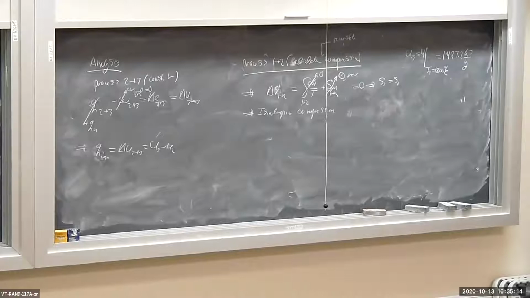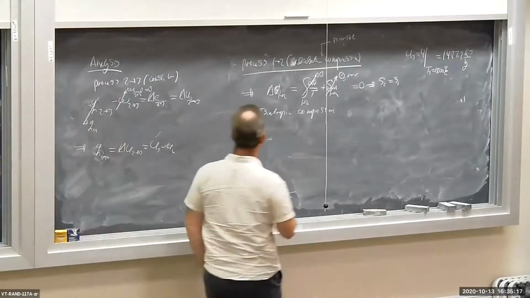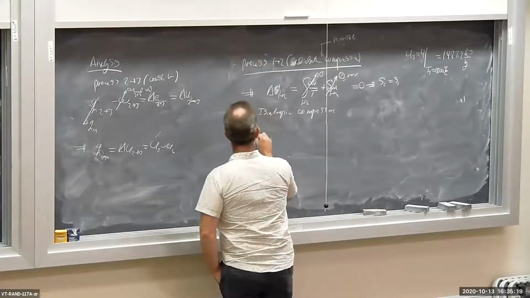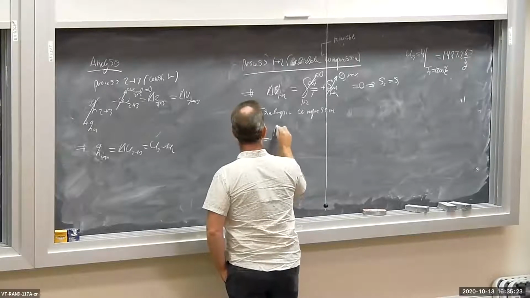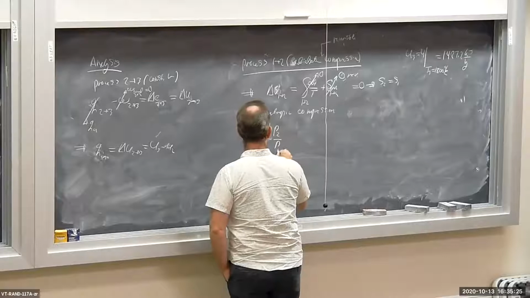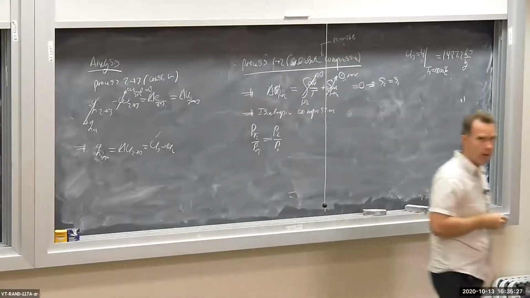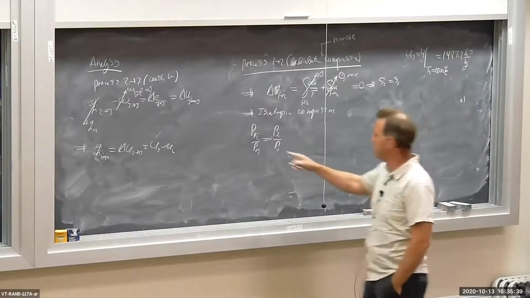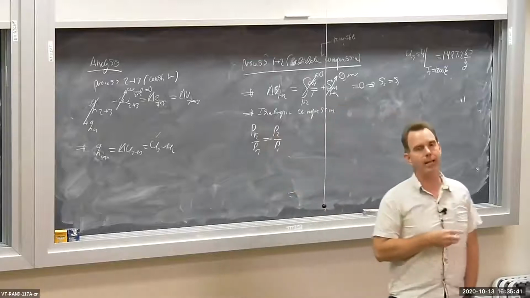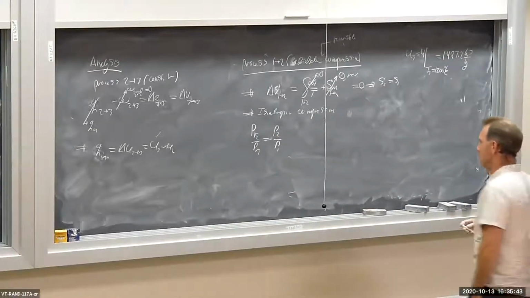So I can write the following: PR2 over PR1 is equal to P2 over P1. For an isentropic process, the ratio of reduced pressures is equal to the ratio of pressures. If I can find PR2, I can pull out an internal energy at state 2.